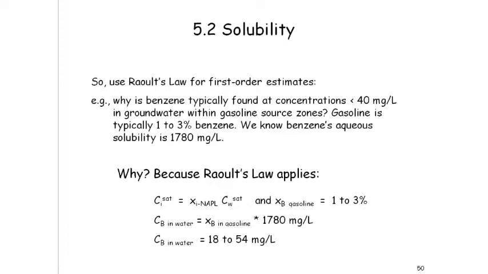That would leave us with benzene concentrations of 18 to 50 milligrams per liter. So rather than seeing benzene in groundwater at its reported solubility, we see it at about the solubility we could predict from Raoult's law.